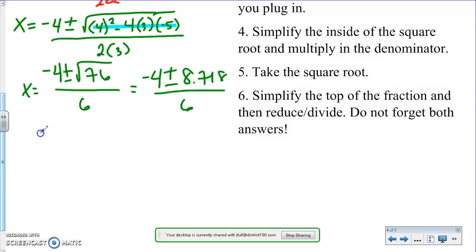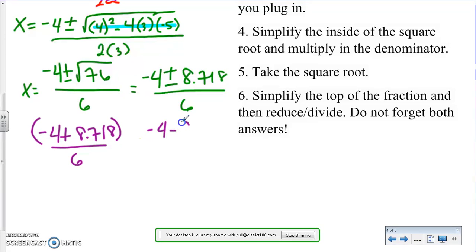So we're going to go ahead and do negative 4 plus that decimal. And make sure before you type that in your calculator, put parentheses around it. And then we're going to do negative 4 minus that decimal, 8.718, divided by 6. Make sure you put parentheses around that before you type it in your calculator. So you are going to do negative 4 plus 8.718 in parentheses on the top and divide by 6 on the bottom.